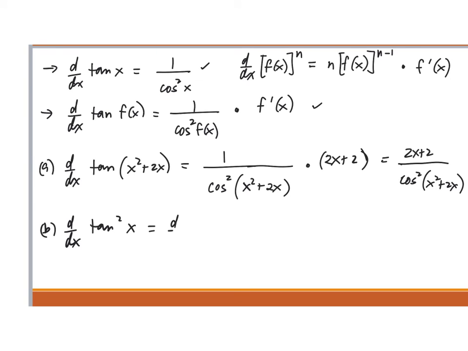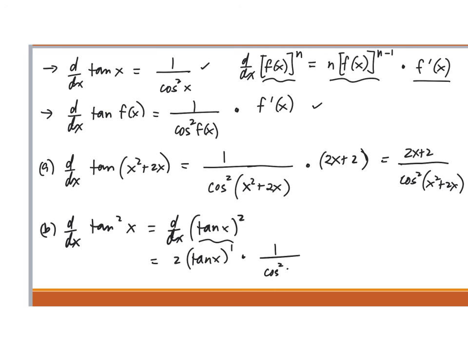So let's rewrite this as d dx of tan x squared. So this is now our f of x to the power of n. So the derivative would be 2 tan x to the power of 1, and then this will just be the derivative of tangent x, which is 1 over cos squared x. So if we simplify this, this will just be 2 tan x over cos squared x.